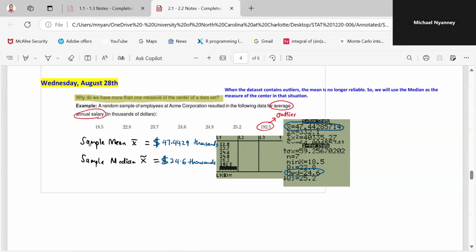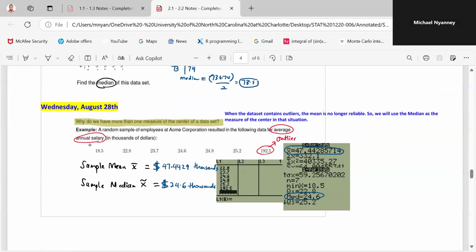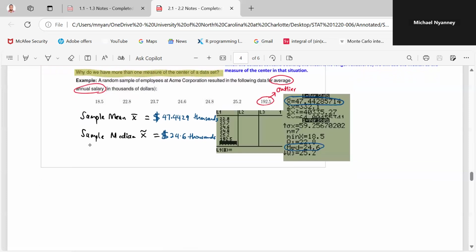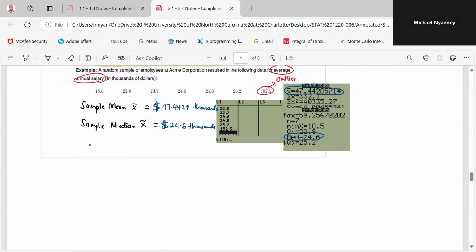So we ask ourselves, why do we have more than one measure of the center of a data set? So when the data set contains outliers, the mean is no longer reliable. So we will use the median as the measure of the center in that situation. Okay, so the mean wouldn't be a correct measure to get the center of our data. Then the sample median will be the best one.